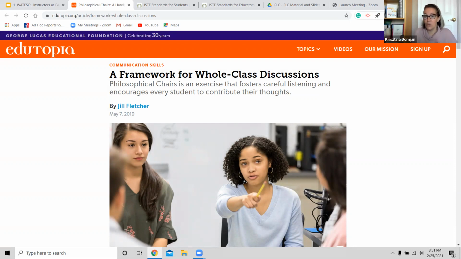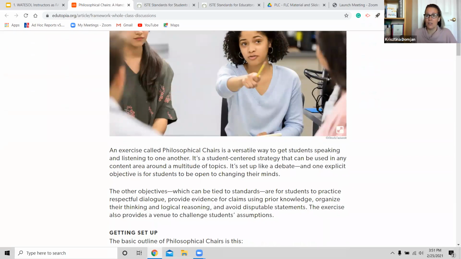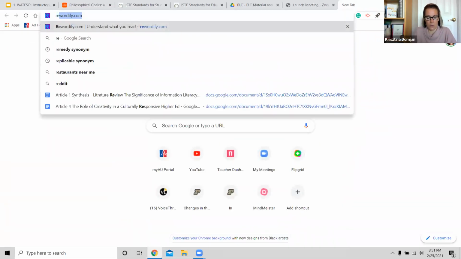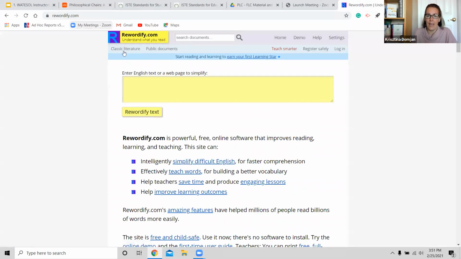Or, to simplify the information, you can ask students to go to Rewordify and copy-paste the text paragraph by paragraph. Rewordify simplifies the information so they can understand it. So there are a variety of things that you can do with technology to facilitate the learning process itself.